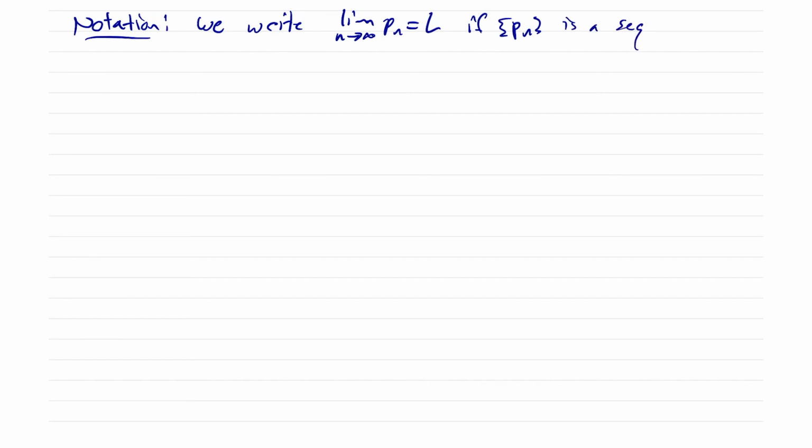So, quick notation. We write the limit as n goes to infinity of Pn is equal to L if Pn is a sequence converging to L. Okay, so what else can we do?